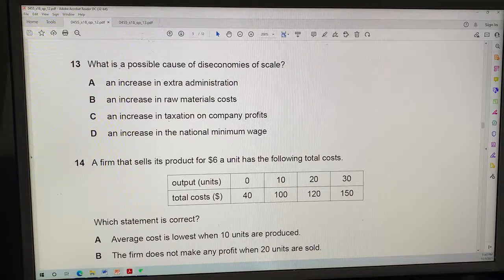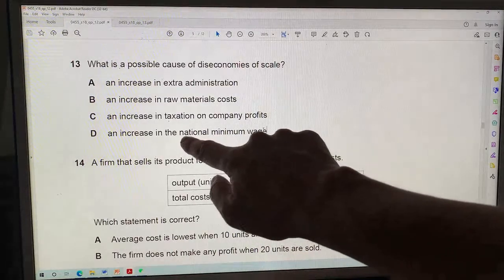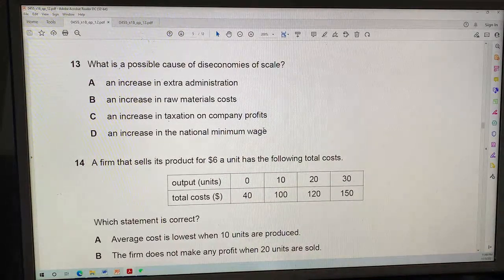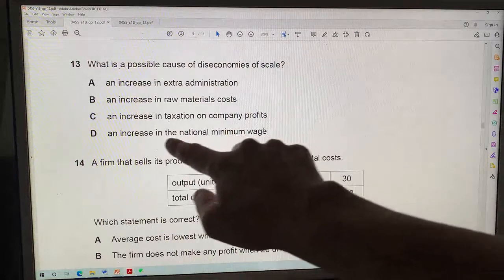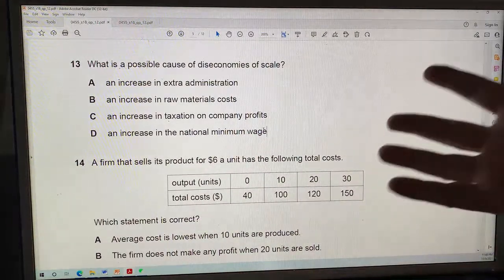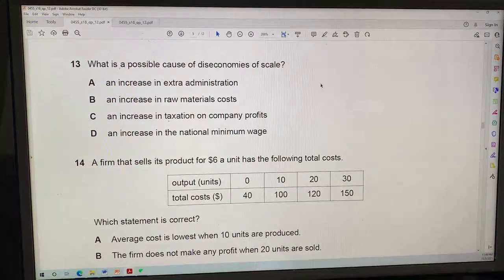And C, an increase in taxation on companies' profits. That's not a diseconomy of scale. That's an extra cost. And D is another extra cost. If your firm pays wages higher than the national minimum wage, then an increase in the national minimum wage might have no effect. So the answer for 13 is A.